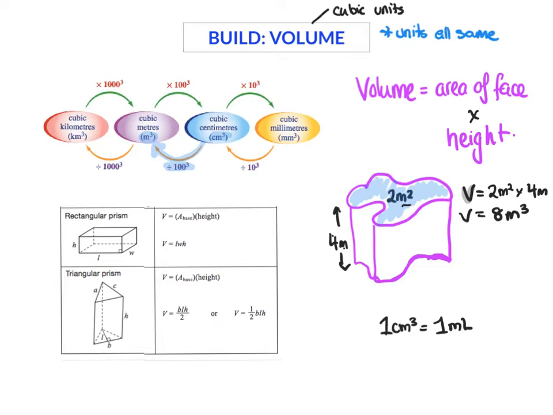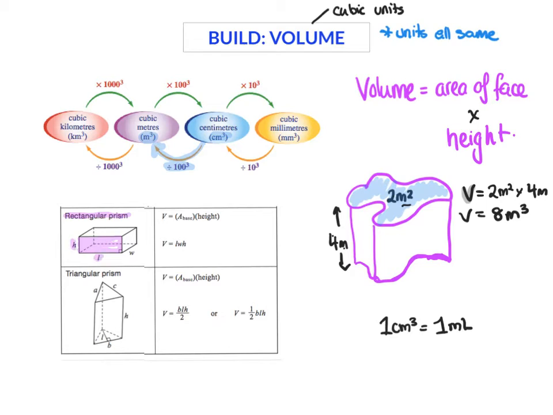All right, so if we go and look at our formulas over here for, say, a basic rectangular prism. So you can see they're saying the volume is the length times width times height. Now, if you think about it, the area of a rectangle is always the length times the width of it.